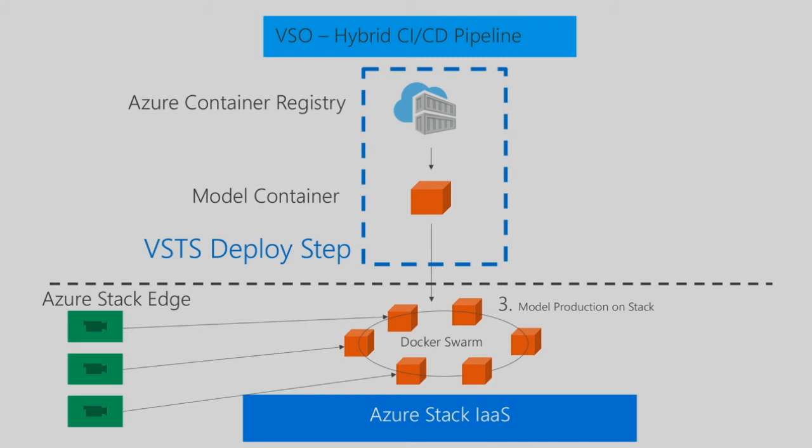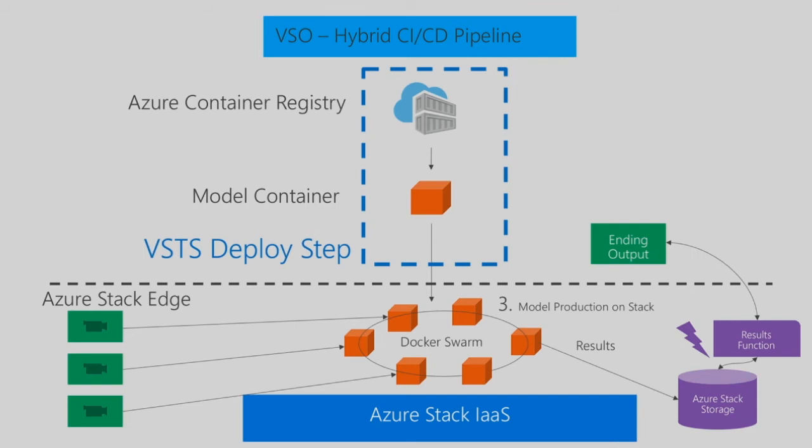And then cameras. So we'll talk a little bit more about the cameras, but cameras will feed into that containerized setup. And then, at the end of the day, we still want the results maybe in a place where we can get them globally. So we may send up those results periodically when we do have connectivity to the cloud. And the key thing here is we're not actually going to send all that video data. Think about all that video data that's coming in. We're only going to send the frames we're actually interested in.